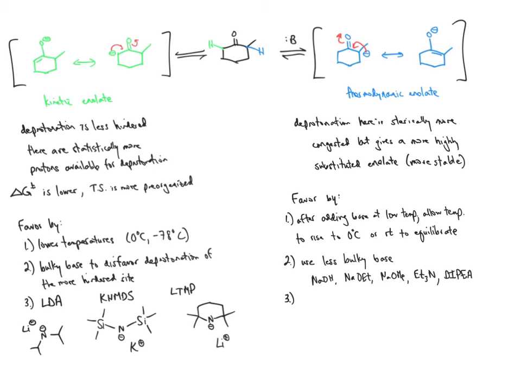And the third thing you can do is a little bit different, but it's actually similar to what we just had on the previous slide, is to use TMS chloride as a Lewis acid, then add triethylamine as base, and what this does is the TMS group, you can think of it as just like a bulky proton, right?